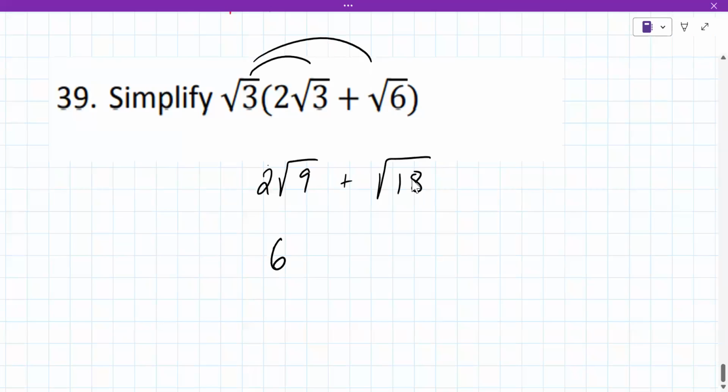What does the square root of 18 become? 3 square root of 2. And these combine? No, they cannot.